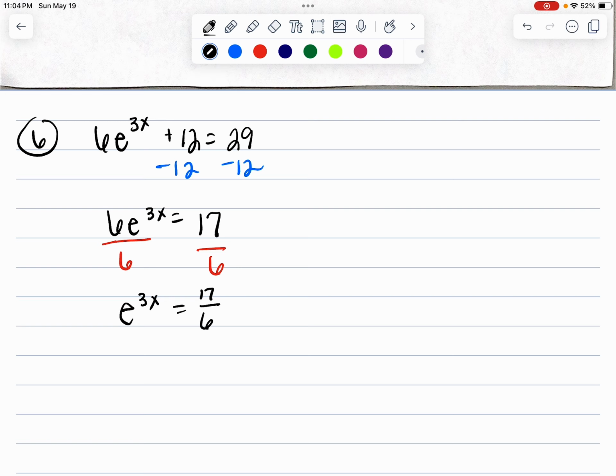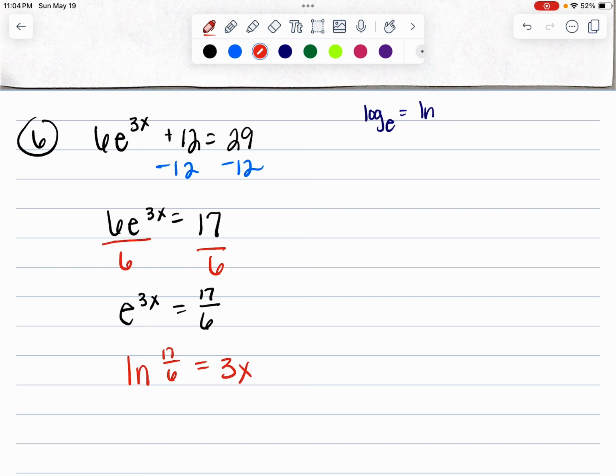So to get rid of this, I can use the concept of knowing how to rewrite. Remember, we know that log base e is the same thing as the natural log, right? So I can rewrite this as the natural log of 17 over 6 equals 3x.